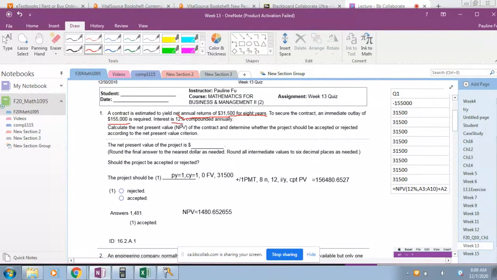Rate is 12% compounded annually. Compute net present value of the contract and determine whether the project should be accepted or rejected according to net present value criteria.